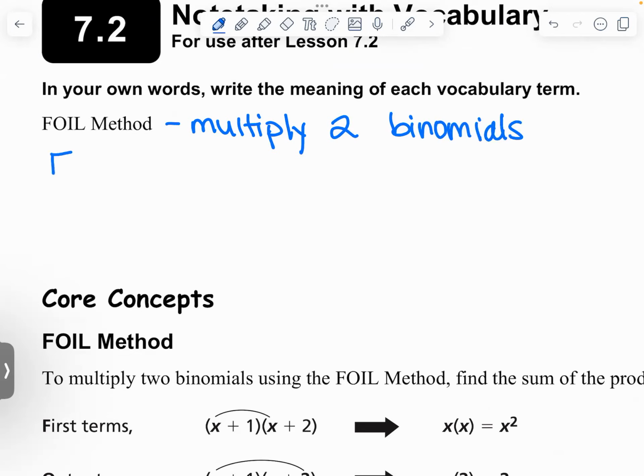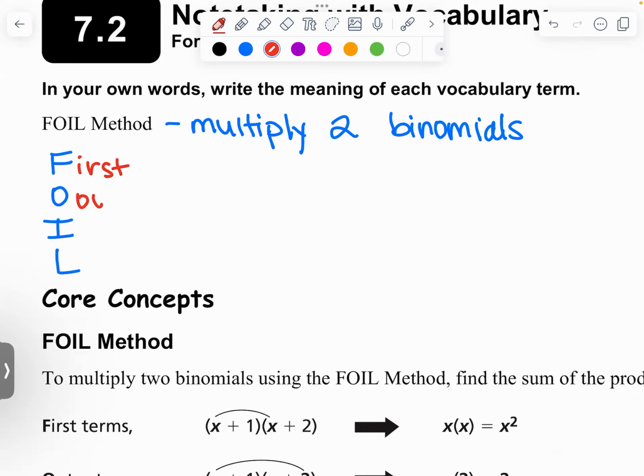And FOIL stands for first, outside, inside, and last. That's the order in which we are going to multiply.